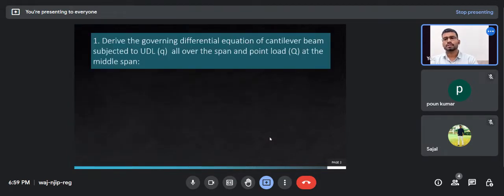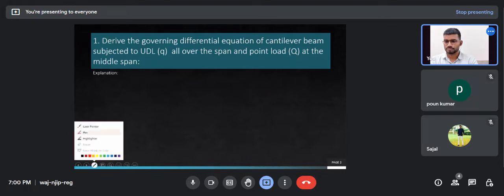So in this problem I have taken a cantilever beam of length L. Let me draw the figure.